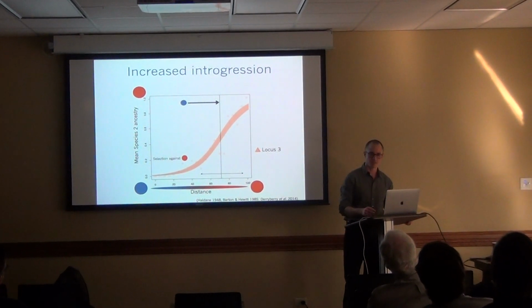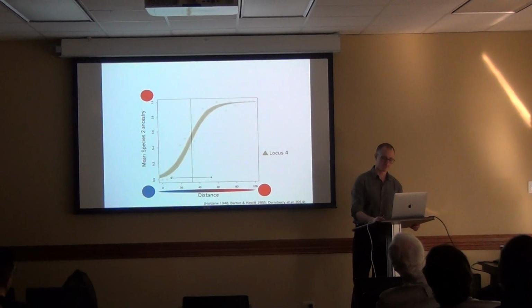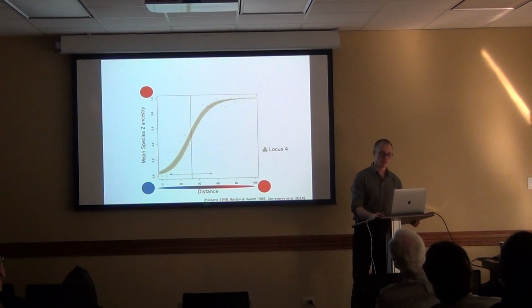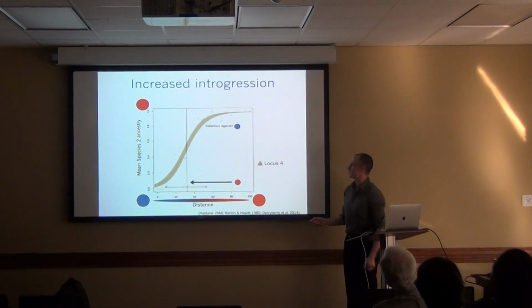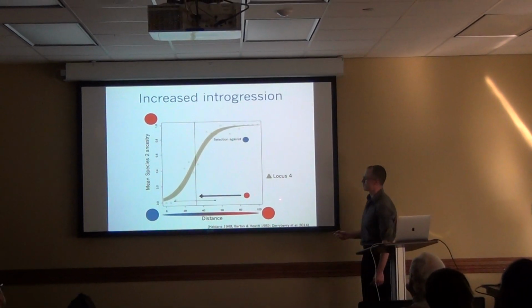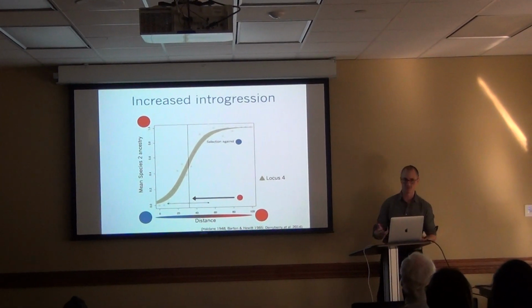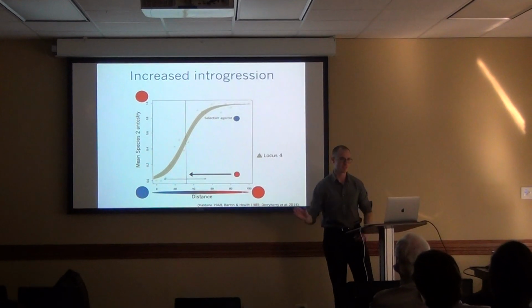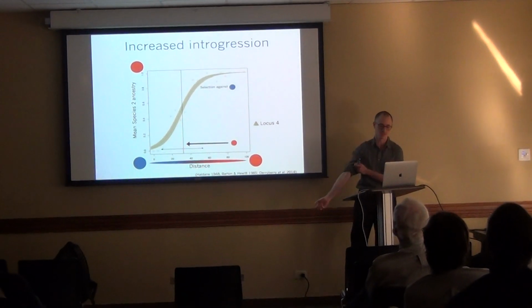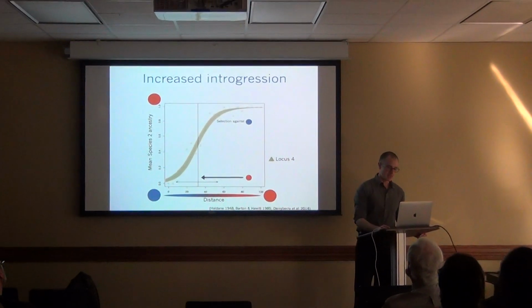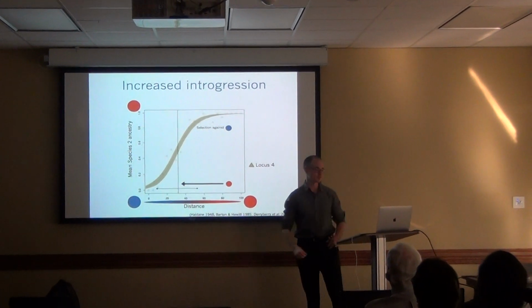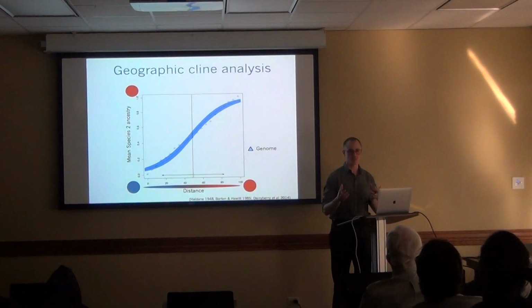We can see the same on the opposite side. So for gene number 4, we are seeing that there's a lot of selection against blue, so now having red is favorable, so it's introgressing on the other side of this gradient. And we can compare a lot of them, so we can have a genomic profile.